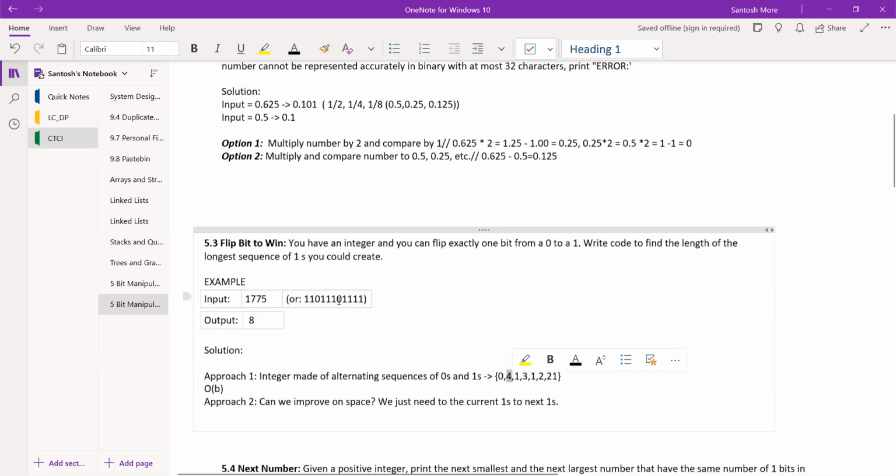Then if we come here, we have another 0. We have one 0, so this is 1. And then we have 3 ones. Then we have only a single 0 here, and then a single 1 here.